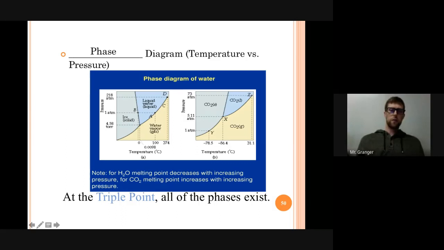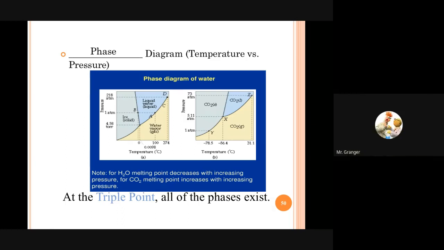So we've got this change from solid to gas by skipping the liquid state. So this is sublimation. And that happens at normal atmospheric pressure and a temperature of negative 78.5 degrees Celsius.